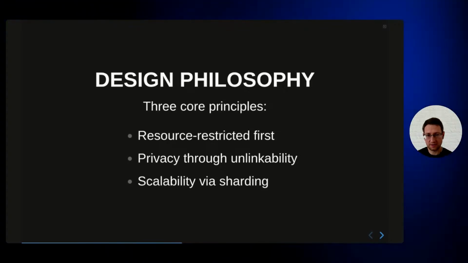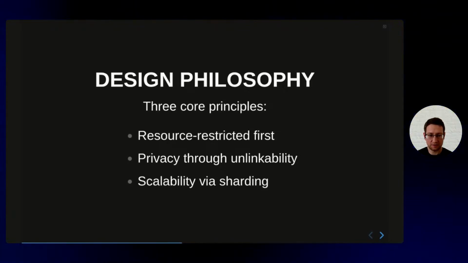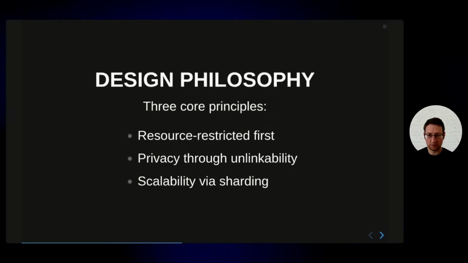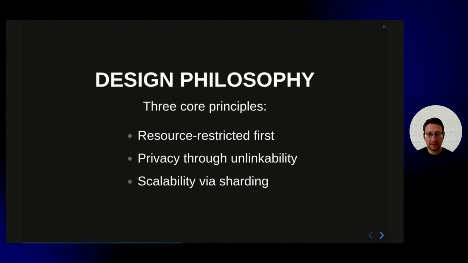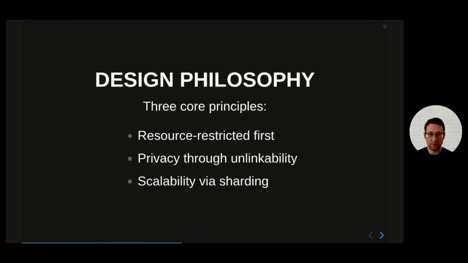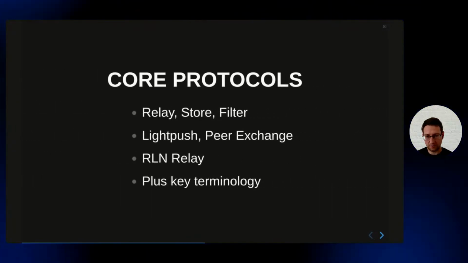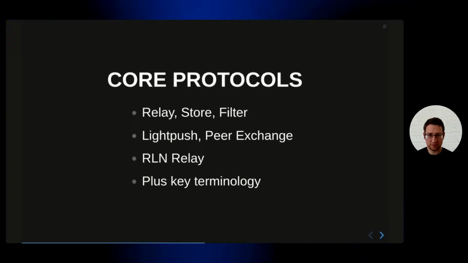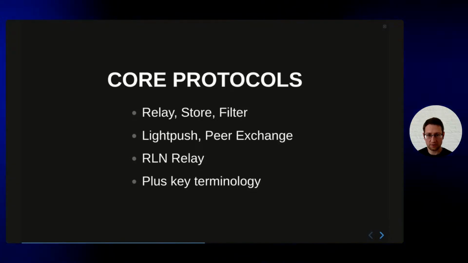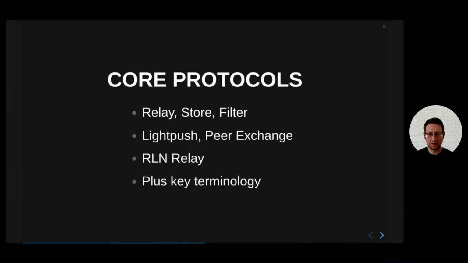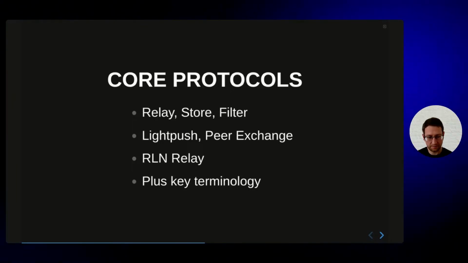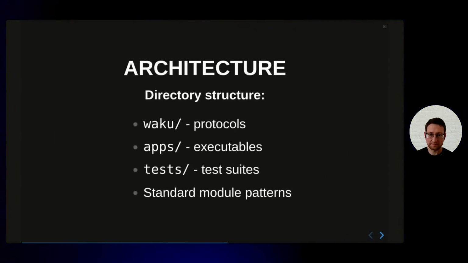We prioritize resource-limited devices, we prioritize privacy, and we also have sharding to provide more scalability for Waku. There is also an overview of the core protocols involved in the Waku protocol stack and the key terminology that is necessary to understand these protocols better.